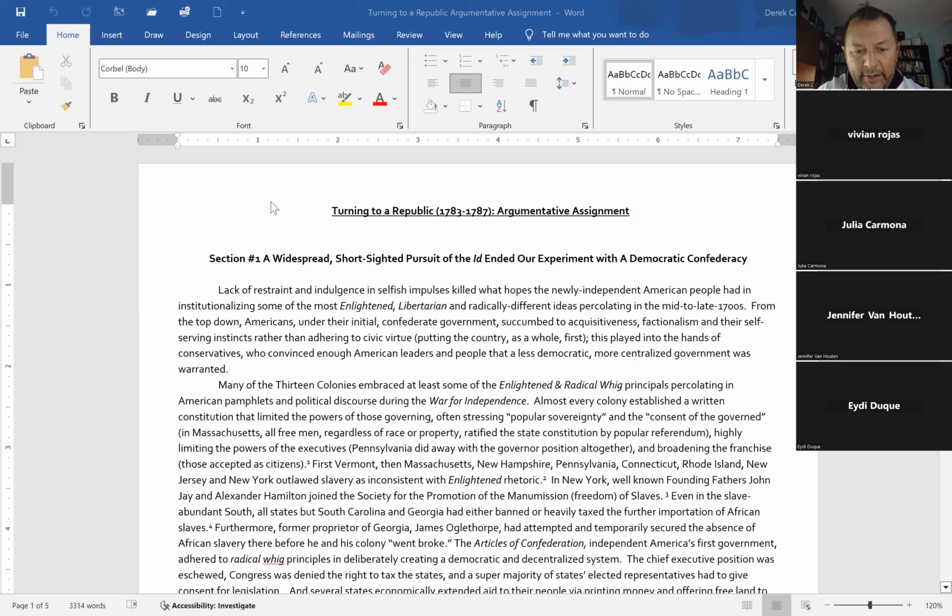And according to this interpretation, it is because they knew deep down that the conservatives were right, that too democratic of a government brings many chaotic and just kind of baneful consequences. And having too loosely constructed of a confederation is too much of a mess as well.